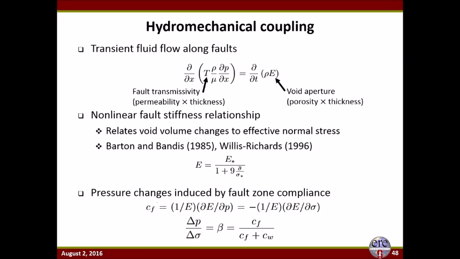And you can introduce your fault zone compressibility equation to linearize the storage term on the right. And what you'll arrive at is just an approximation for the change in fluid pressure that can be expected to occur within the fault zone structure given a change in normal stress.